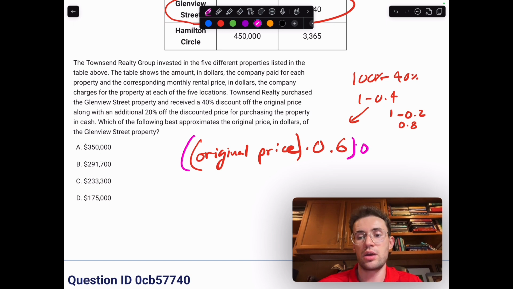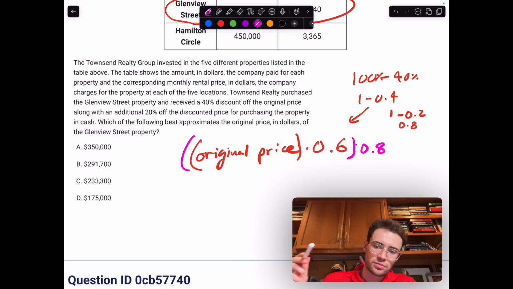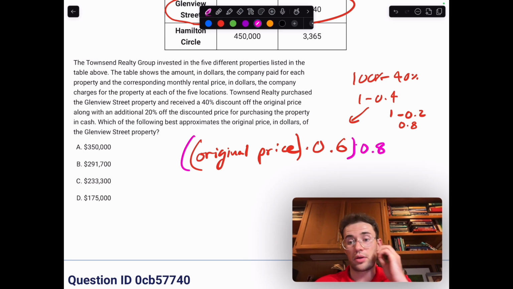You have to multiply by 0.6 and then multiply by 0.8, and you could change the order you multiply them because it doesn't matter. That's the commutative property of multiplication. But times 0.6 times 0.8, you're ultimately multiplying by 0.48. Collectively, you actually got a 52% discount. So you can't just do 40 plus 20 because that would be 60. You didn't get a 60% discount, you got a 52% discount because you're paying 48%.